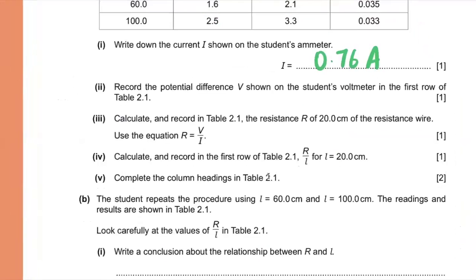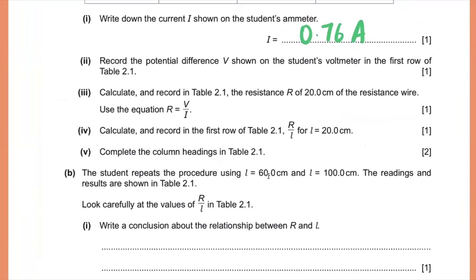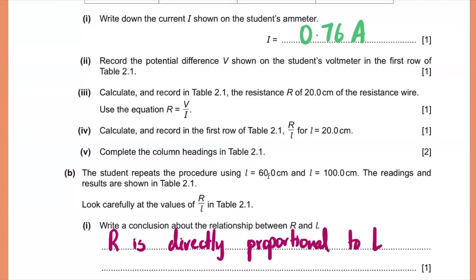If you have two things, the ratio of which is constant, this means they're directly proportional. So you can say that R is directly proportional, or you can also just say proportional, to L, right? Because you guys have given your math paper, you know this.